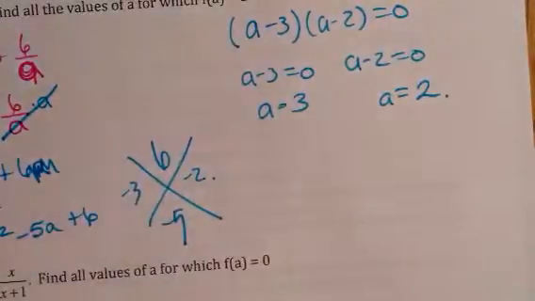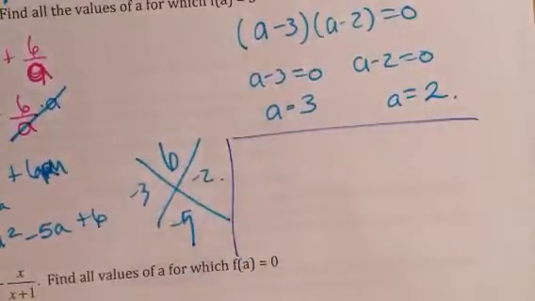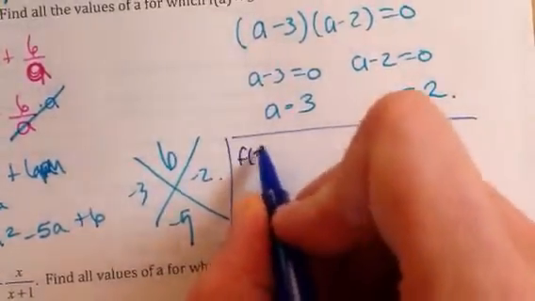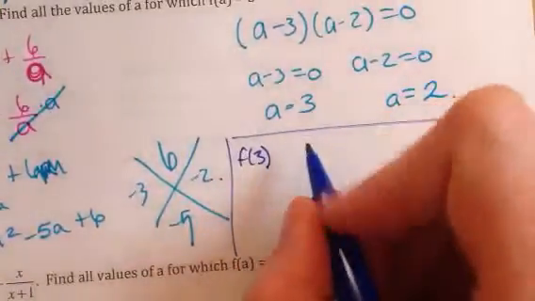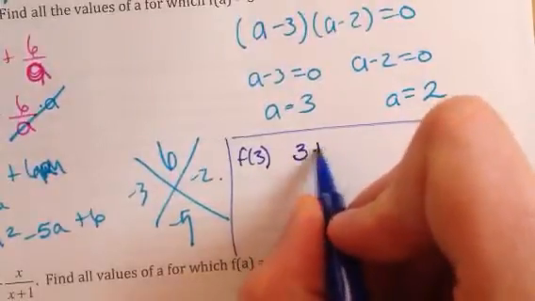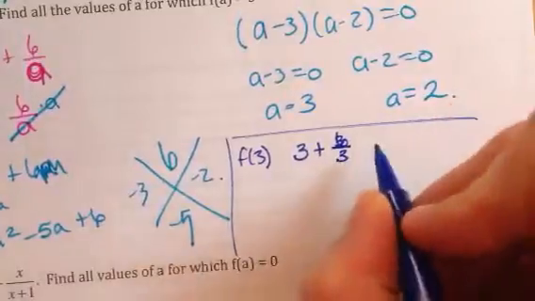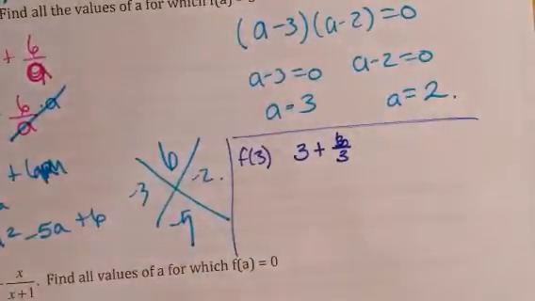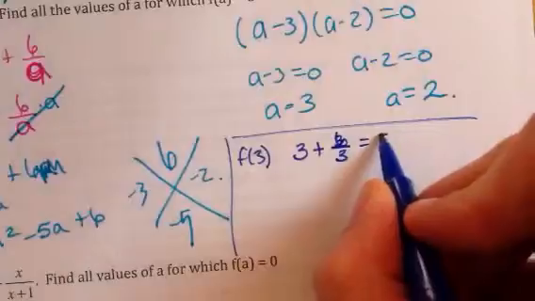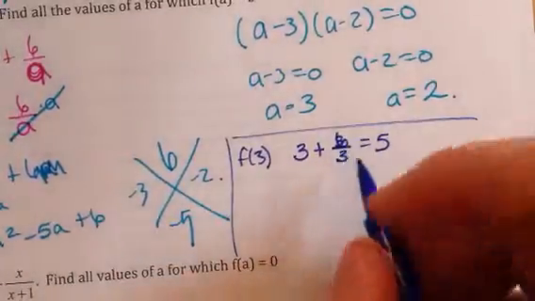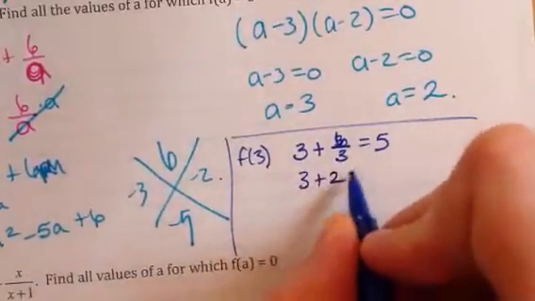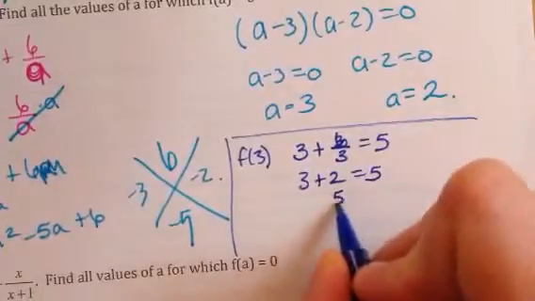So we have to check it then. So if we check f of 3 first, so f of 3 first would be 3 plus 6 over 3. What does this equal? Does it equal the 5 that we want it to equal? So 6 divided by 3 is 2, and 3 plus 2 is 5.